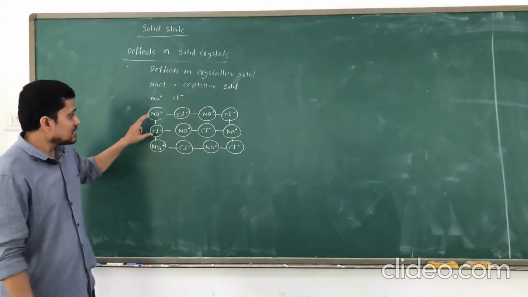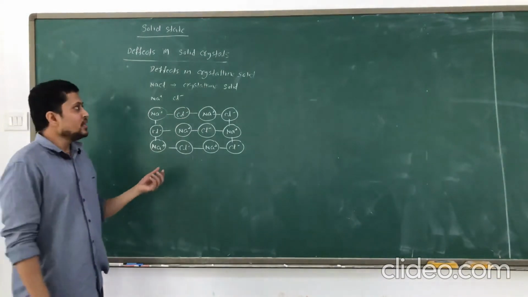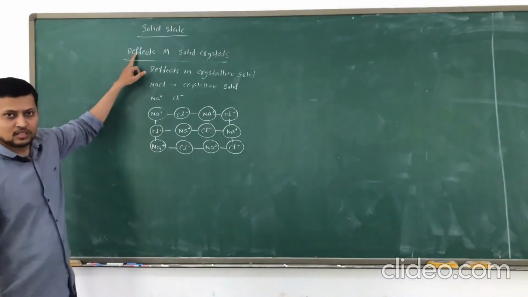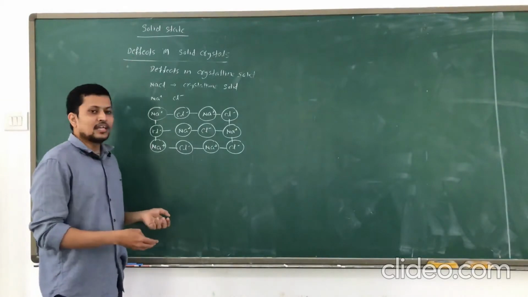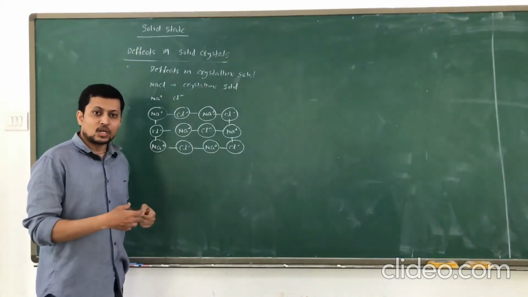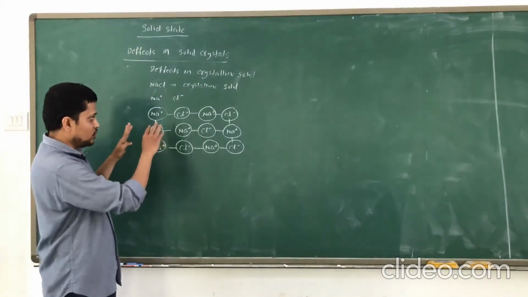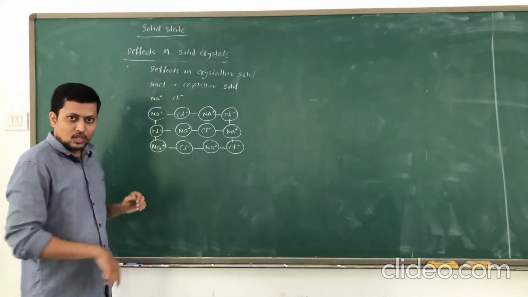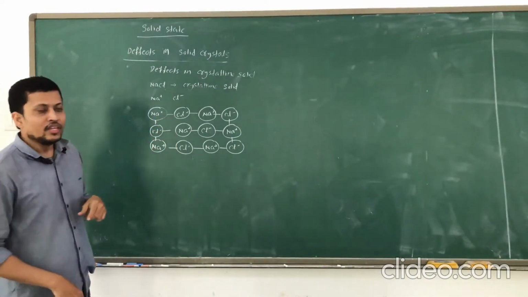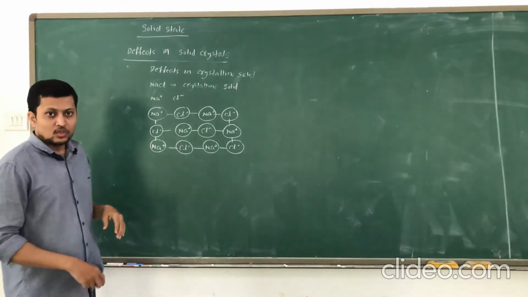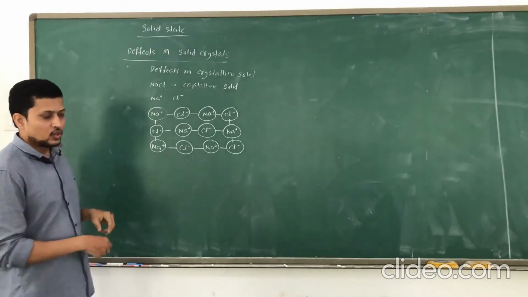This is what we call a crystal of NaCl. These crystals normally show defects. Whenever we are going for crystalline solids, those solids are not perfect. Not every time will you see a perfect solid structure, and in this structure we get some defects, which we are going to learn today.